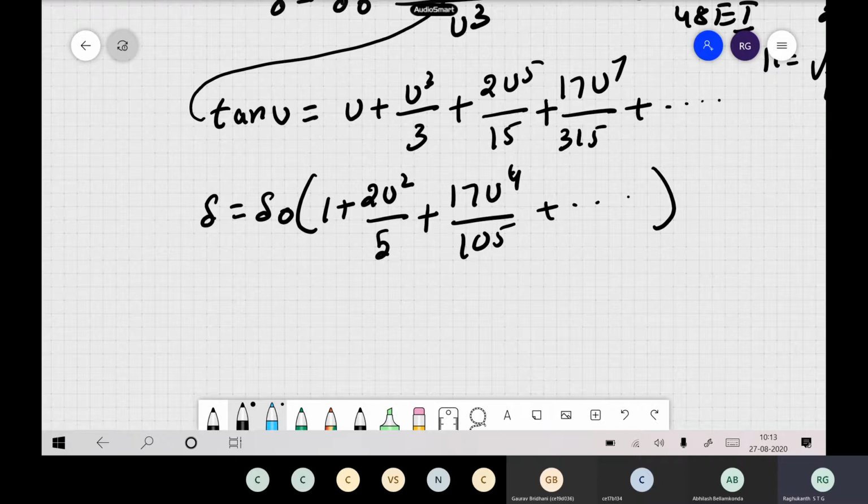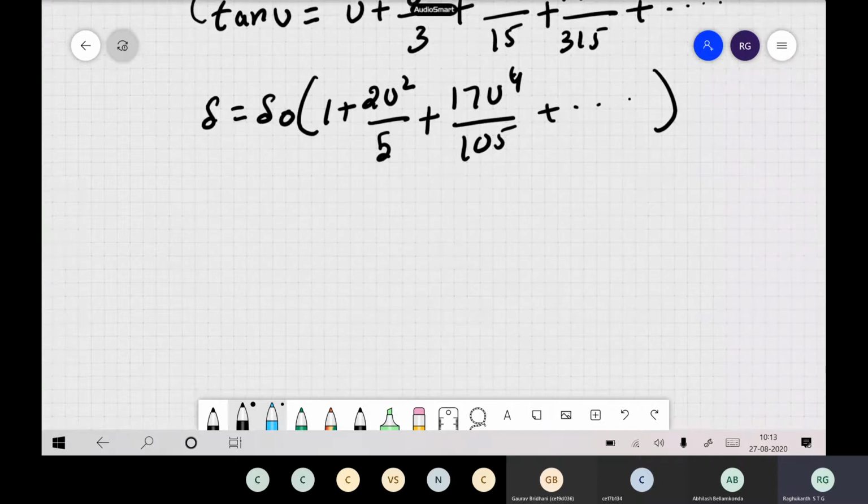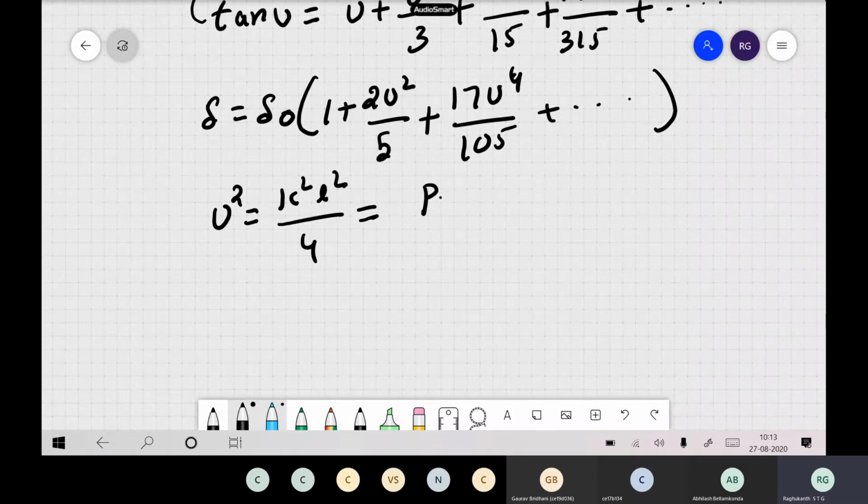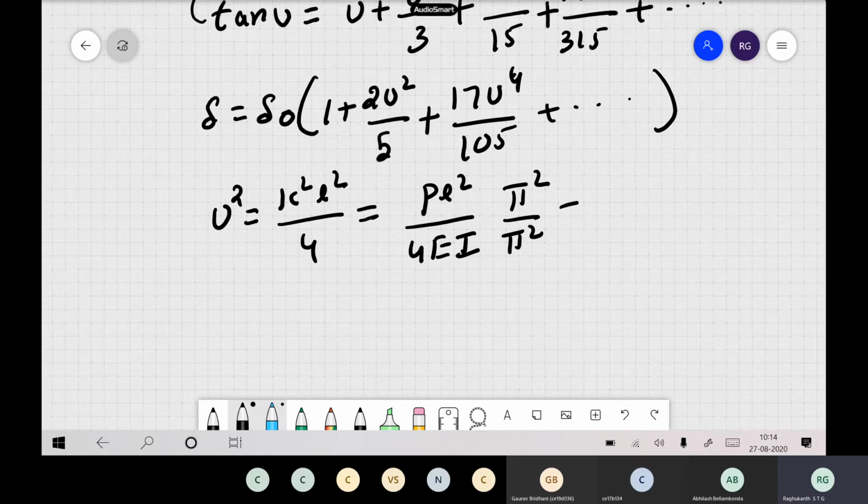Now we can do some more algebra here. Your u is KL by 2, so u square becomes k square L square by 4. If you write it in terms of PL square by 4EI, pi square appears in the numerator and denominator, so finally this becomes 2.46 times P by PE, where PE is the Euler's buckling load, pi square EI by L square.